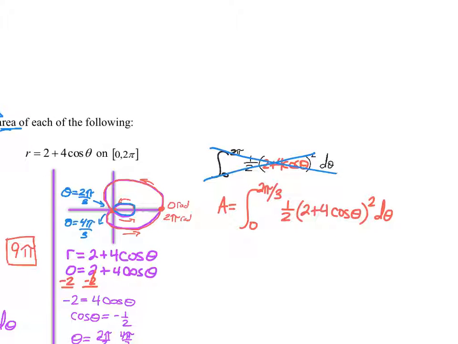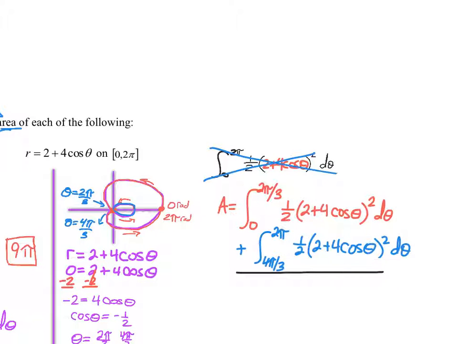And then we're going to add to that the area going from 2 pi over 3, no, from 4 pi over 3 to 2 pi, of 1/2 times (2 plus 4 cosine theta) squared d theta.